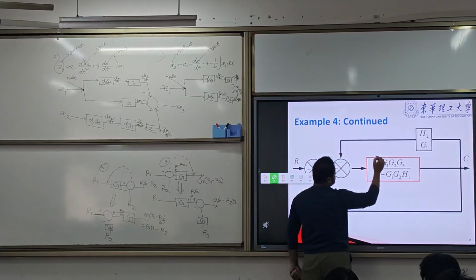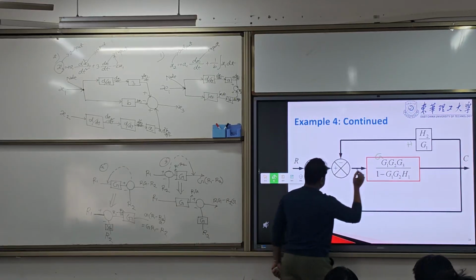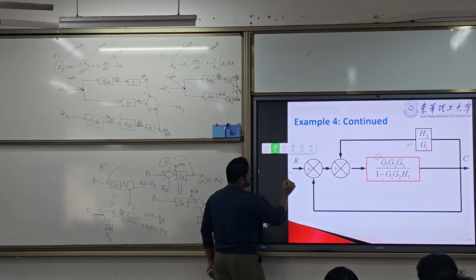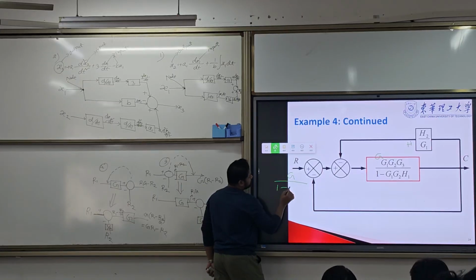Here this is G, this is H. So G by 1 plus GH.